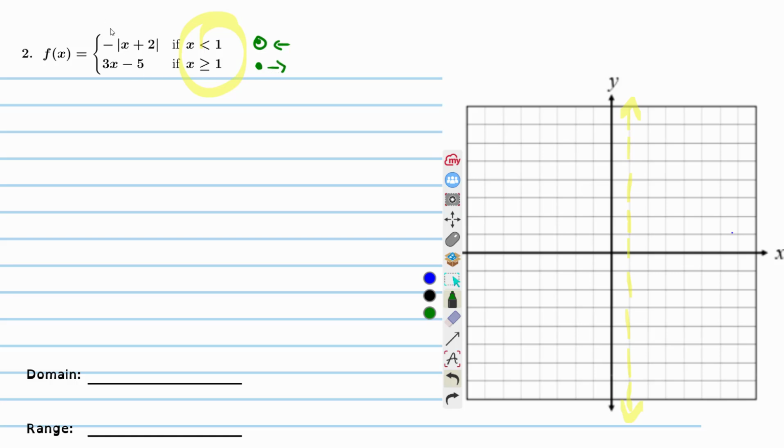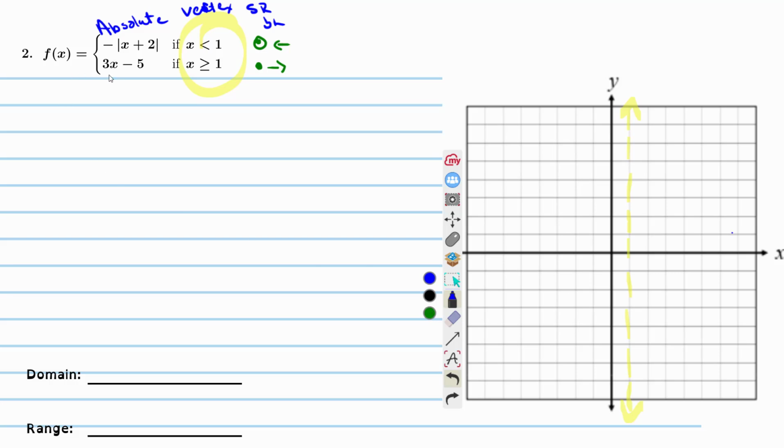And so next thing I need to do is identify what type of lines I'm working with. The top one's an absolute value, which means I need to find the vertex and slope right and slope left.